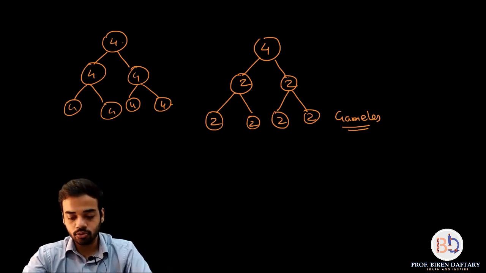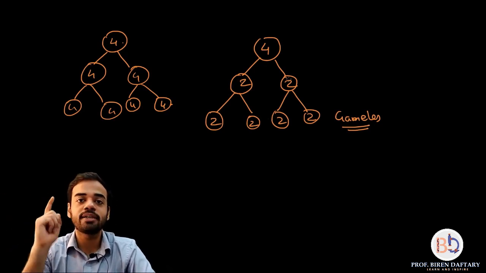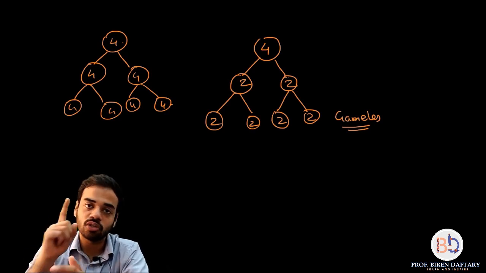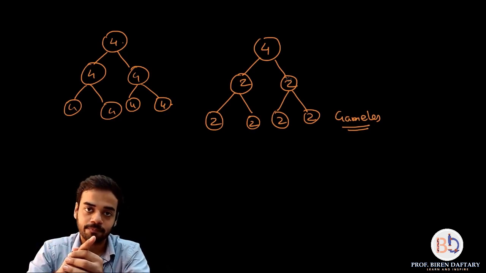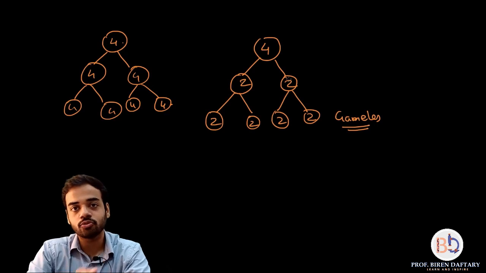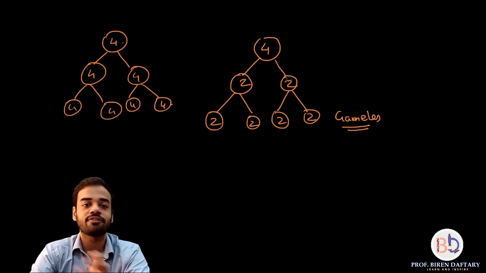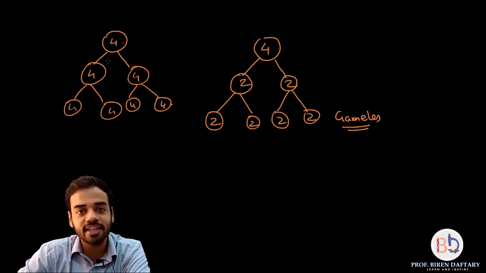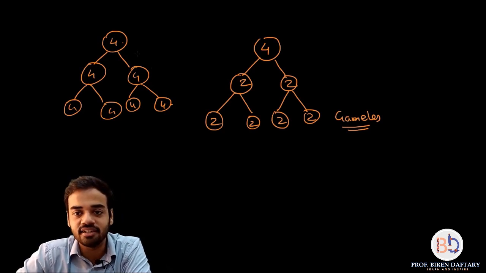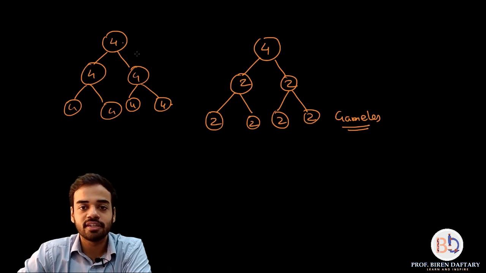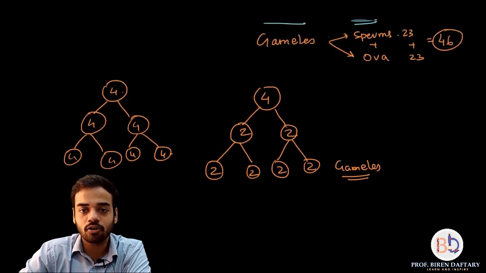If I ask you, in meiosis, how many times will a cell undergo interphase? Only once, that is before meiosis 1. After meiosis 2 and cytokinesis 2, there is no interphase. However, in mitosis, every time mitosis occurs, interphase will be there before that. Is this clear? So with that, we are done with this topic of meiosis.